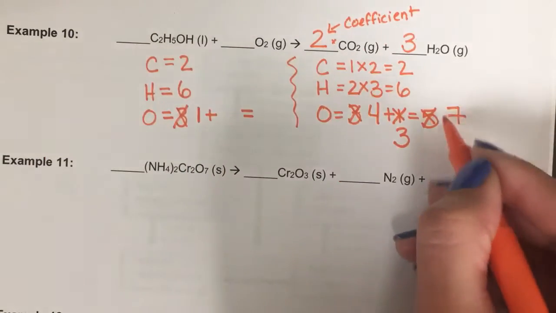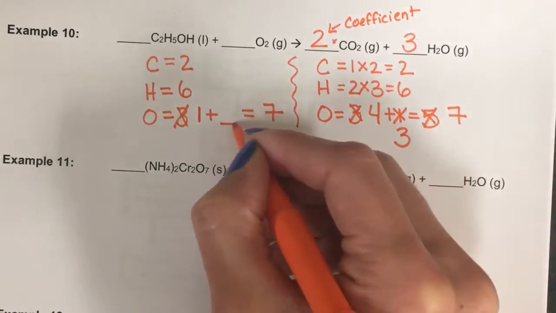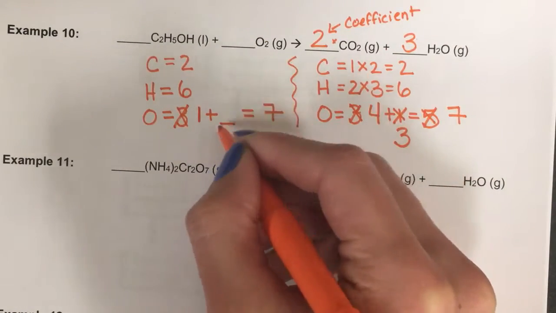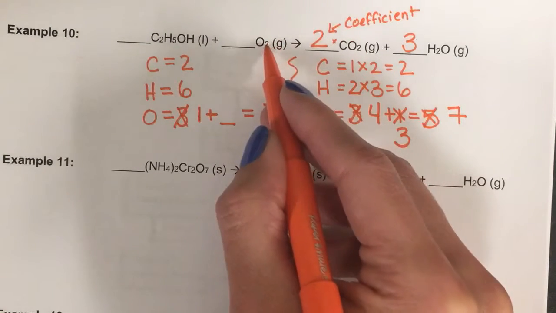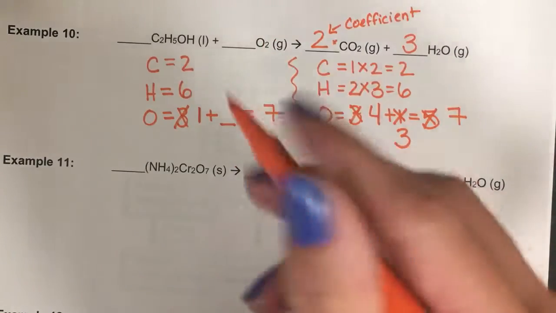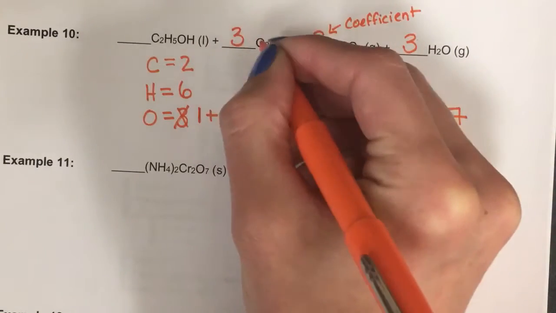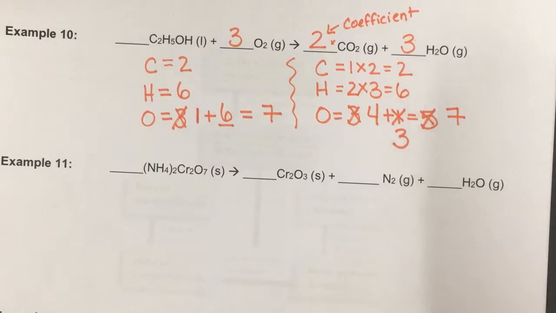I want to get to 7 O's. So I need 1 plus 6 to get to 7. So I need to turn this O into a 6. Well, we already said that by multiplying 3 times 2, I get 6. And now I've balanced my equation.